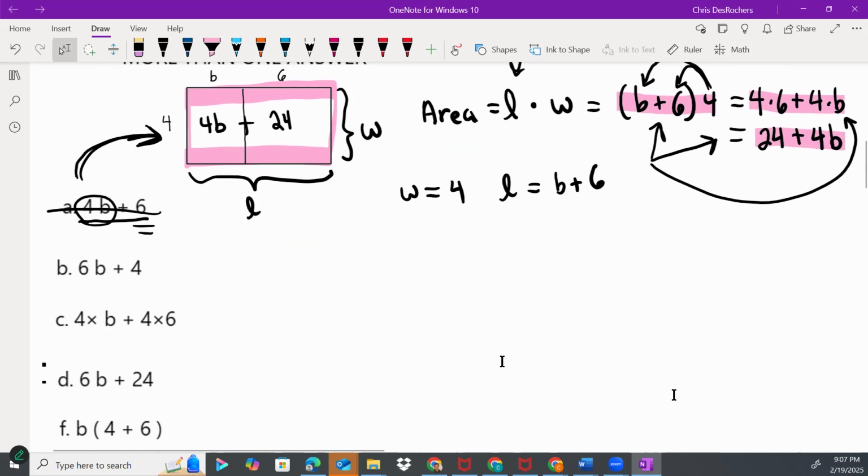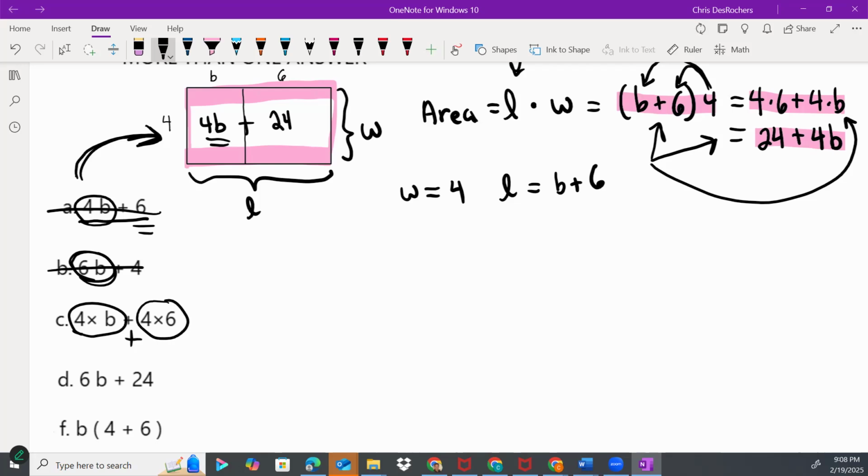And how about expression B? We have 6b. Well, I don't see 4b here. And I don't see this being equal to that. That's 6b. So this can't be right. So that's not right. But here we have 4 times b plus 4 times 6.